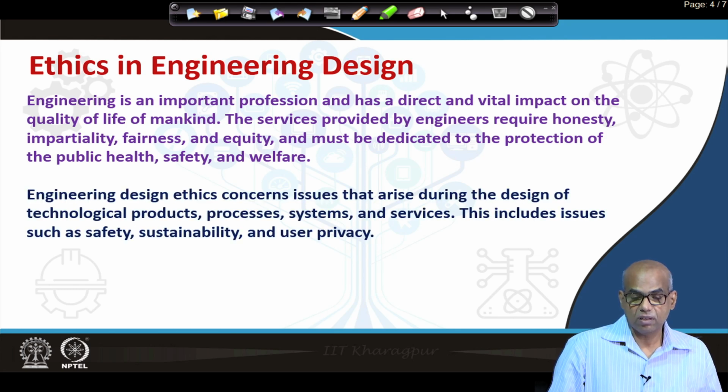Engineering design ethics concerns issues that arise during the design of technological products, processes, systems and services. These include issues such as safety, sustainability and clients' and users' privacy.